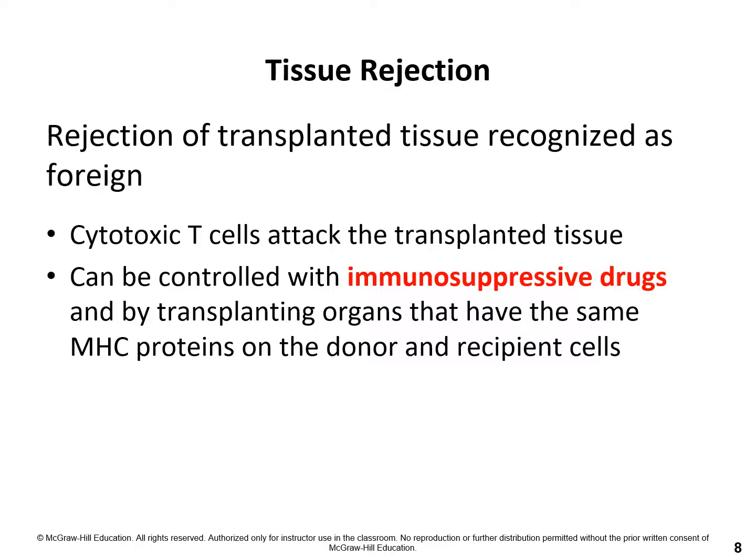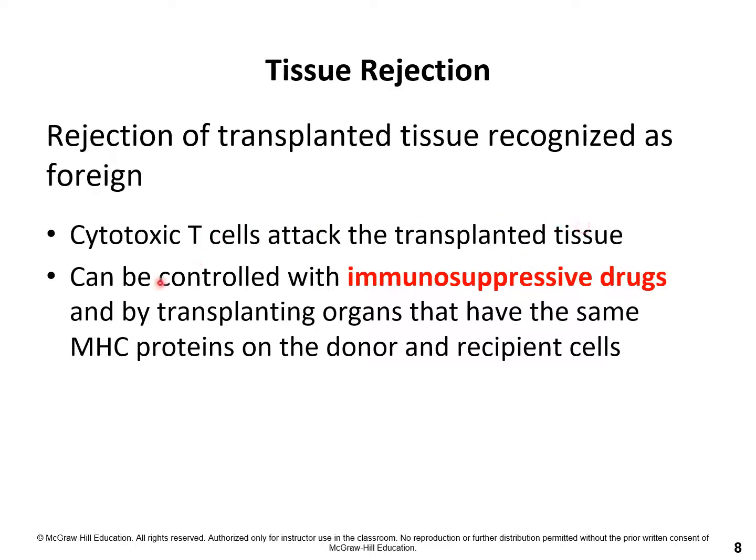The rejection of transplanted tissue happens when transplanted tissue is recognized as foreign once the recipient receives it. The cytotoxic T cells will attack that transplanted tissue because they recognize it as foreign cells.